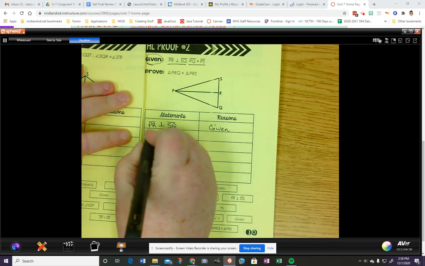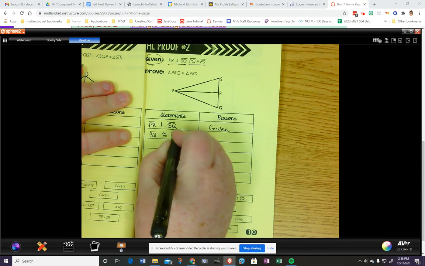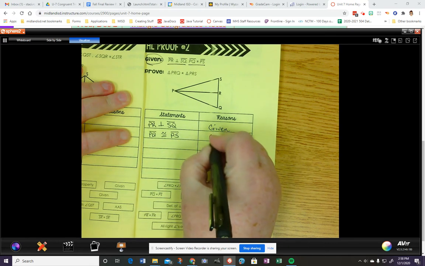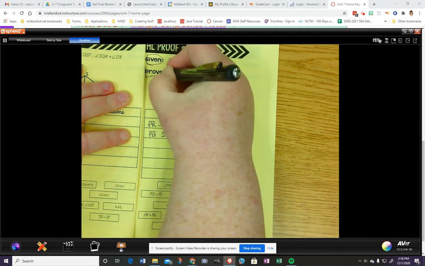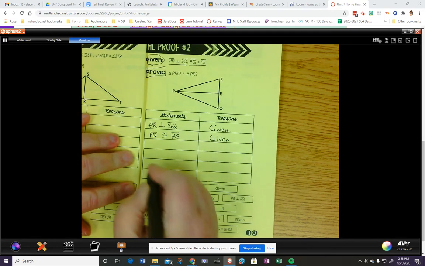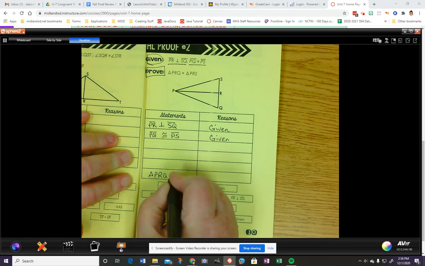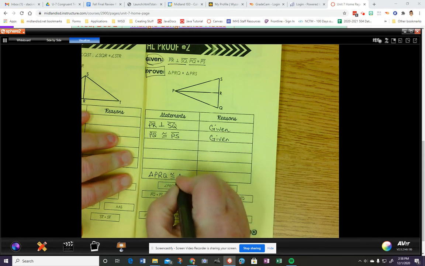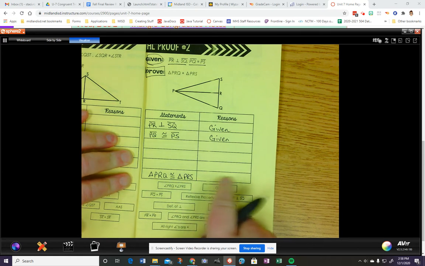PQ is congruent to PS. Why? Because it's given. Let's finish up with our proof. Triangle PRQ is congruent to triangle PRS. And we don't know why yet.